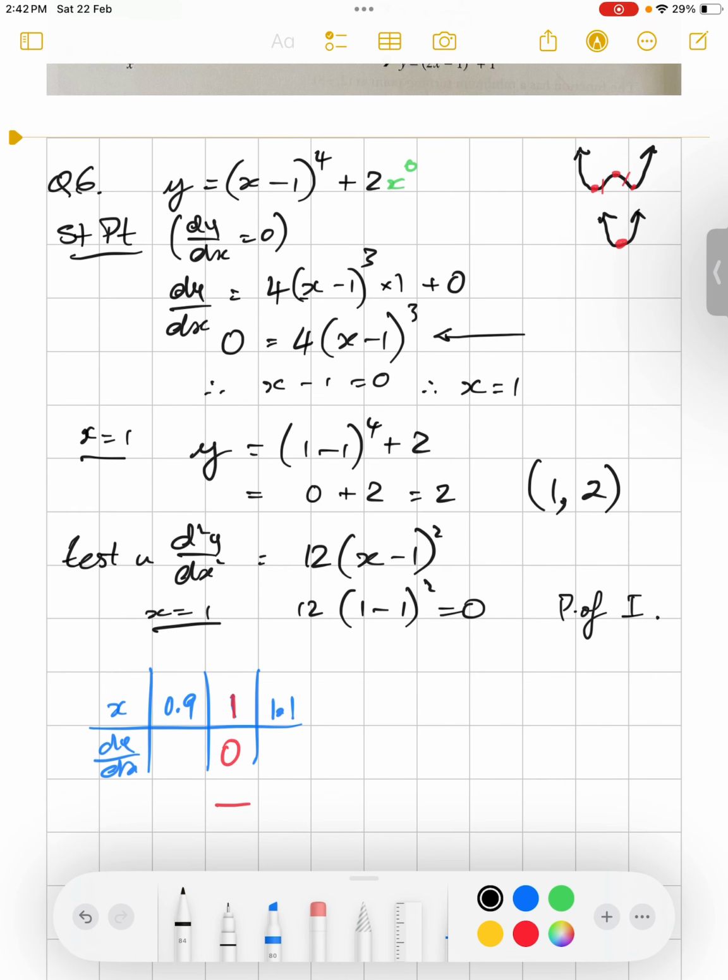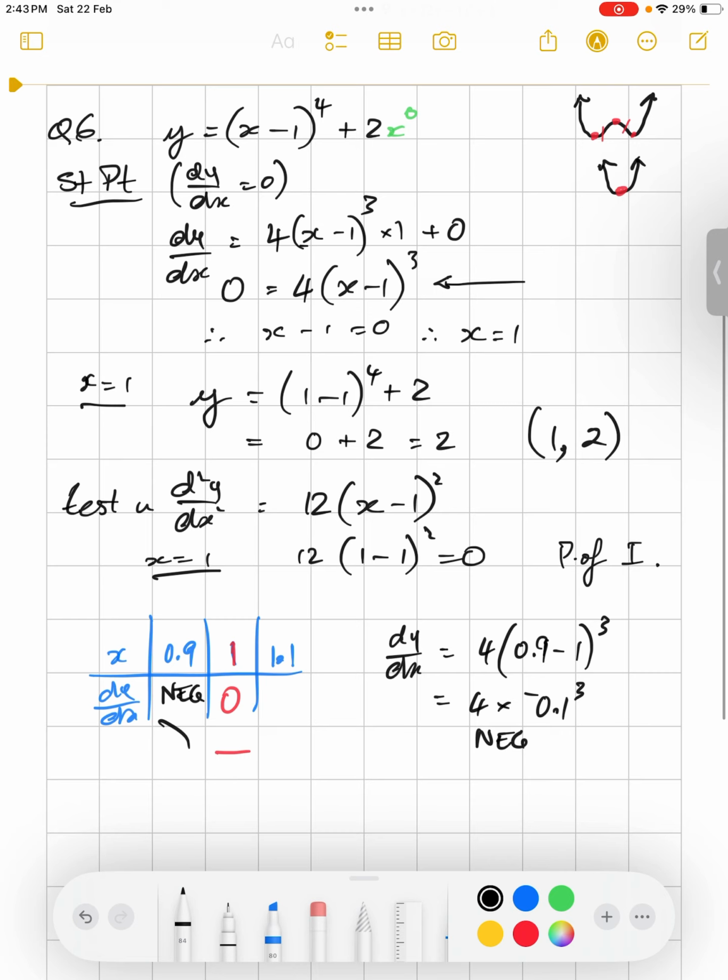Let's see what you get when you substitute 0.9 into the derivative: 0.9 minus 1 cubed. So we get 4 times negative 0.1 cubed. It's negative, therefore we've got a downslope just before that value.